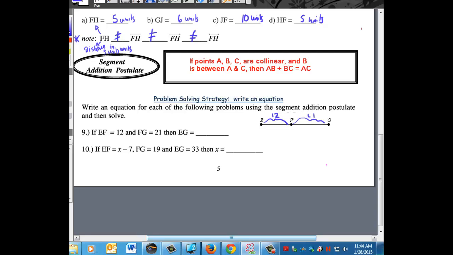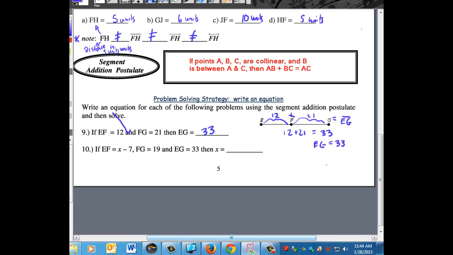And when I add each of these segments up, it's going to equal the entire segment, which would be described as segment EG. So we're going to get 12 plus 21, and that's going to equal 33. And so EG with no line over it is going to equal 33. Alright, so that gives me 33.